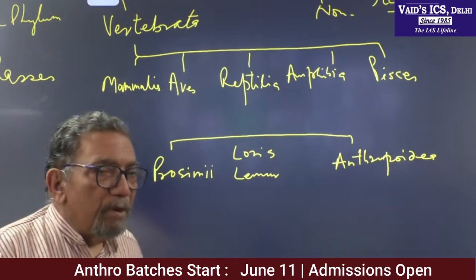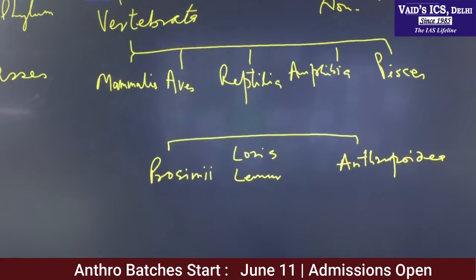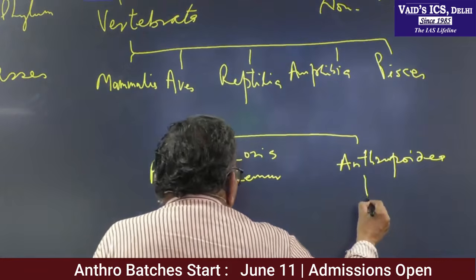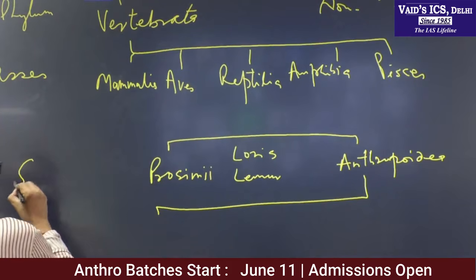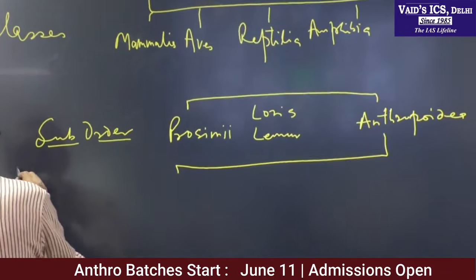Some people say lemur, but whatever you say, you write it correctly. Anthropoidea, higher primates. Members are monkeys, apes, and man. Then Anthropoidea, this is a suborder.